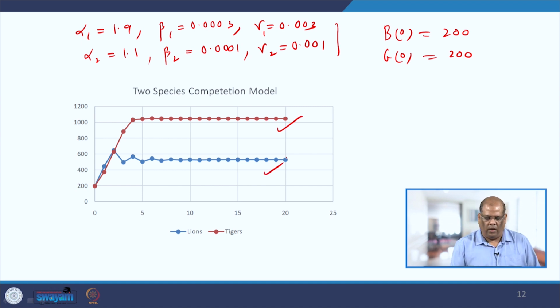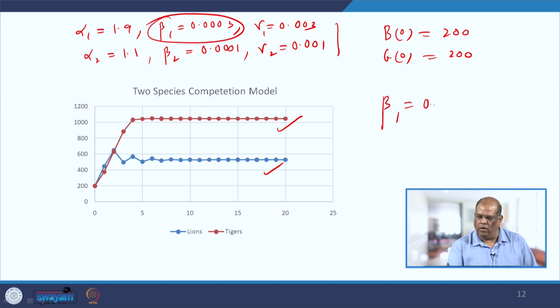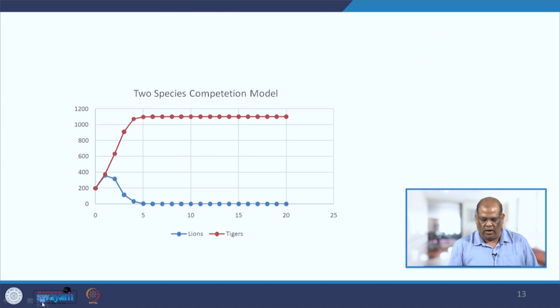Now, if we change the value of beta 1, say I put beta 1 equal to 0.0025, keeping all the other parameter values and initial conditions the same, we see that the lion species goes to extinction, whereas the tigers survive with beta 1 equal to 0.0025.